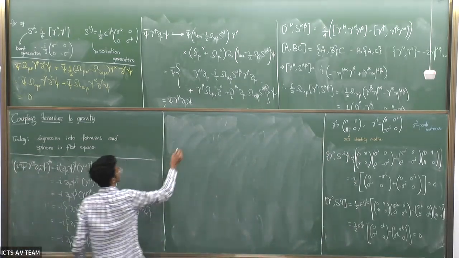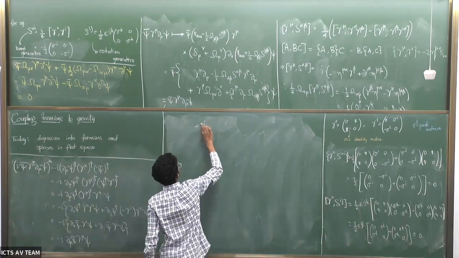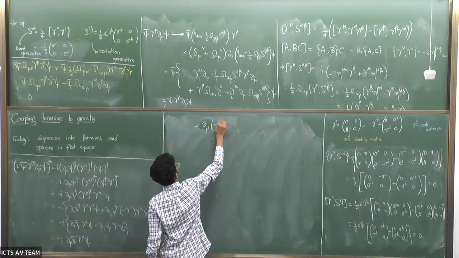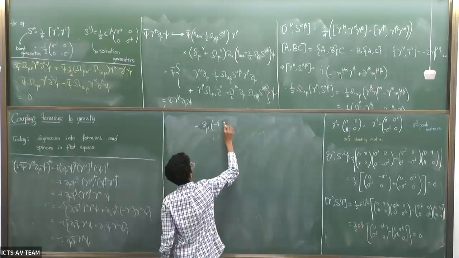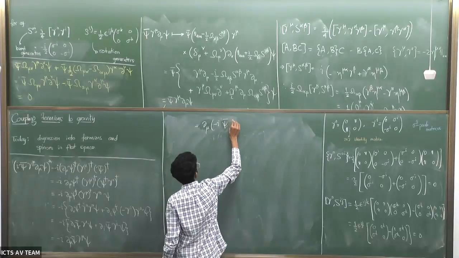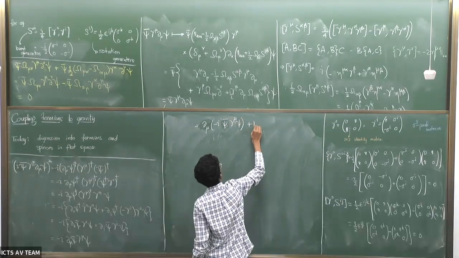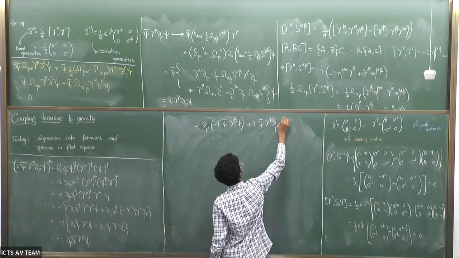That can be written as minus I del mu of psi bar gamma mu psi plus I psi bar gamma mu del mu psi.